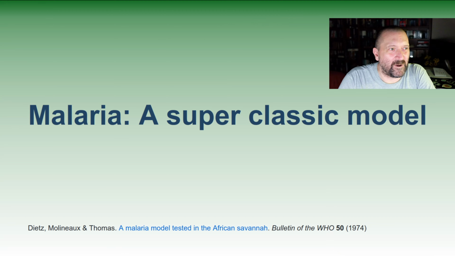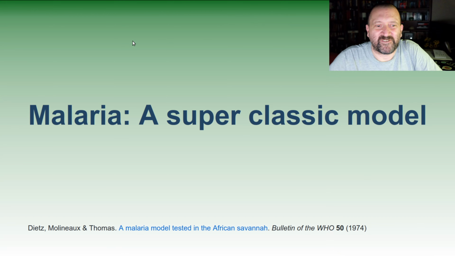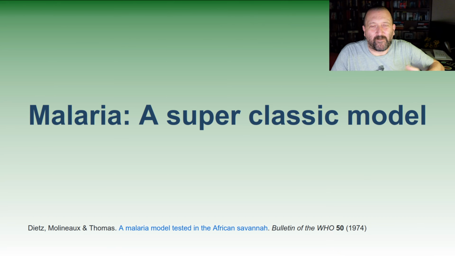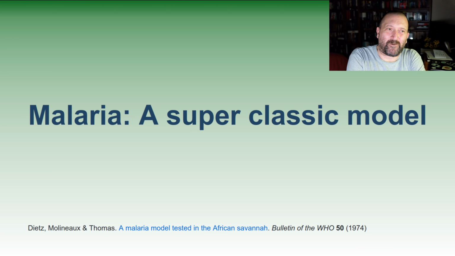Let me talk about malaria now. So I selected 4 models for HIV. Let's look at 4 models for malaria. I'll say this is a super classic model. This one is quite old. It's by Dietz, Molyneux, and Thomas.